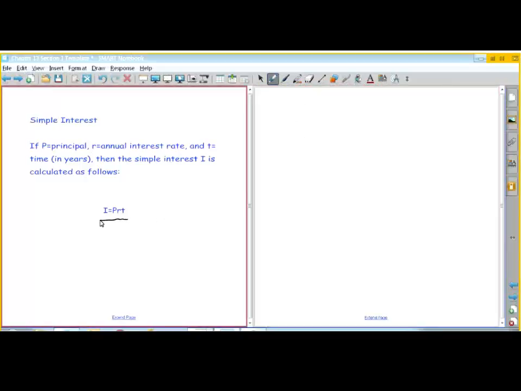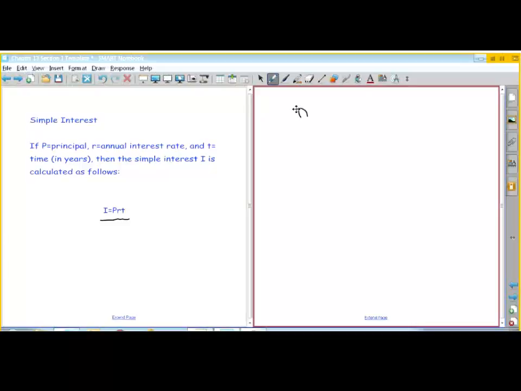To calculate the interest for a simple interest account, the interest is the principal times the interest rate times the time in years. And remember, the one that we used the other day said that the amount was equal to the principal times 1 plus the interest rate to the t power, where t is the number of years.